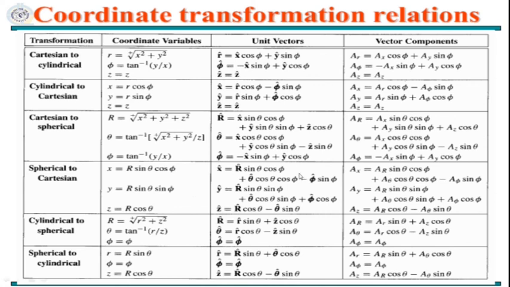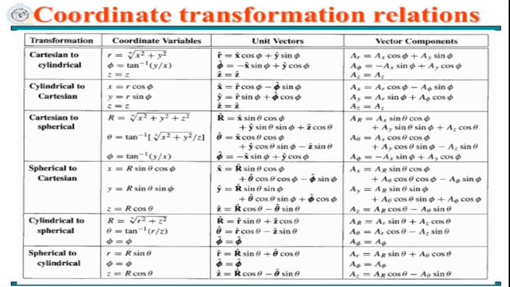The variables of the rectangular and cylindrical coordinate systems are easily related to each other, and likewise the variables of the rectangular and spherical coordinate systems are also related to each other.